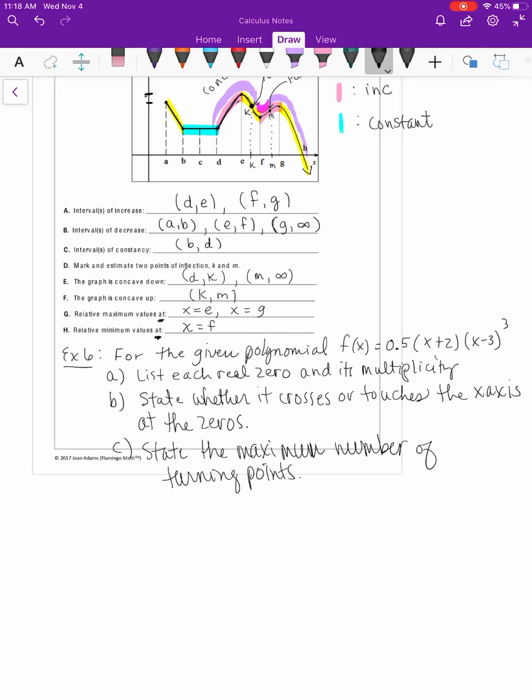So when I put this function in my calculator, I'm going to see a graph of it, okay? So 0.5, parenthesis, x plus 2, close the parenthesis, open another parenthesis, x minus 3, close the parenthesis, caret 3, because we want that one to the third power.